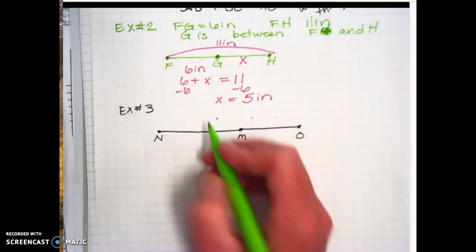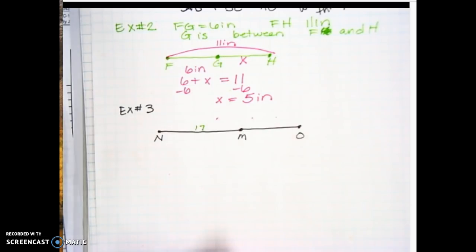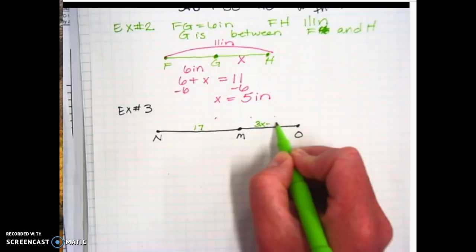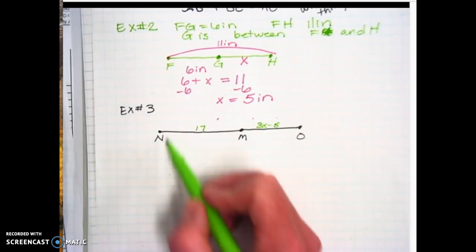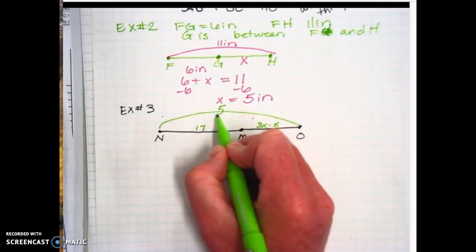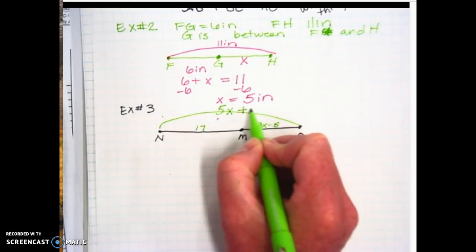From N to M is 17. From M to O is 3x minus 5. And from N to O, so all the way from here to here, is 5x plus 2.